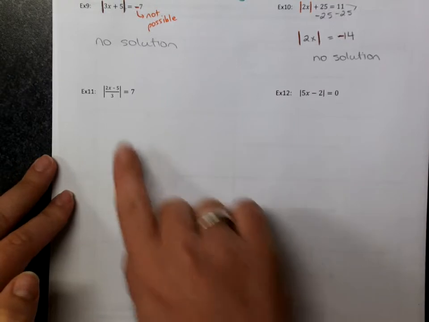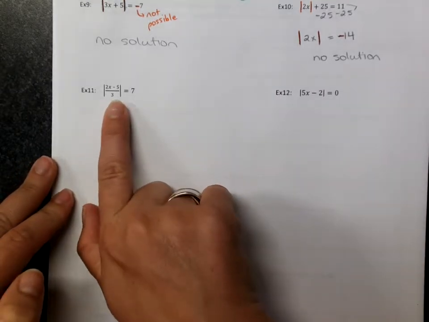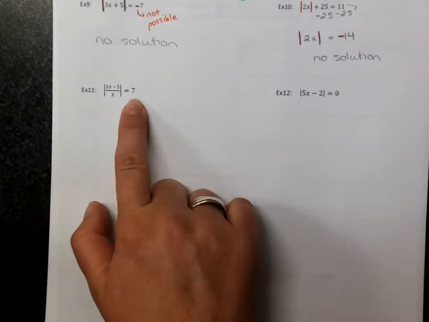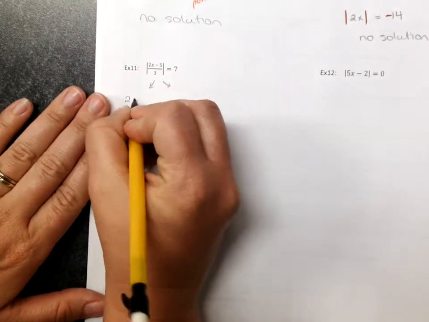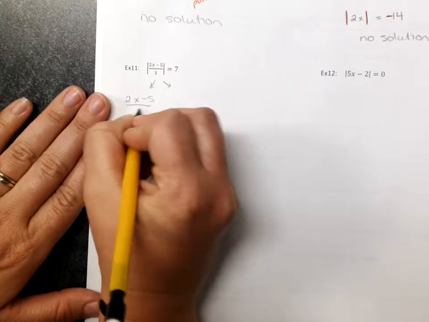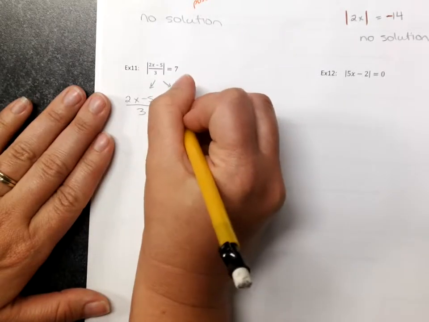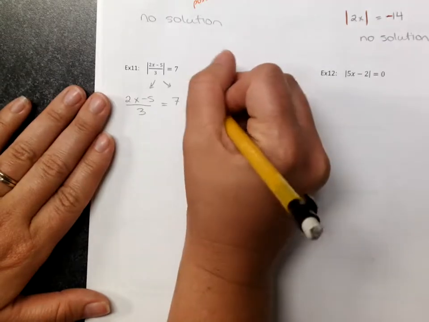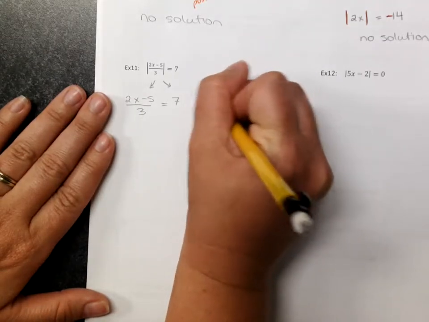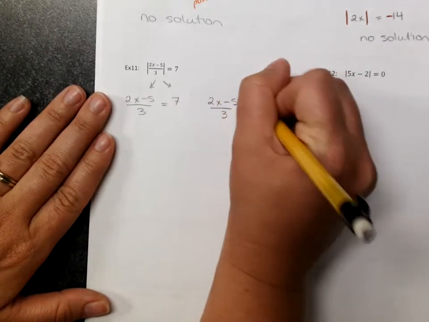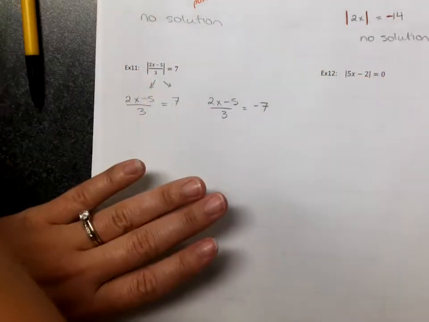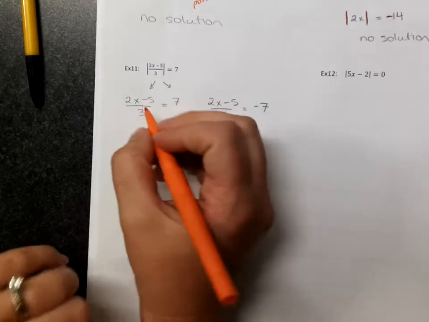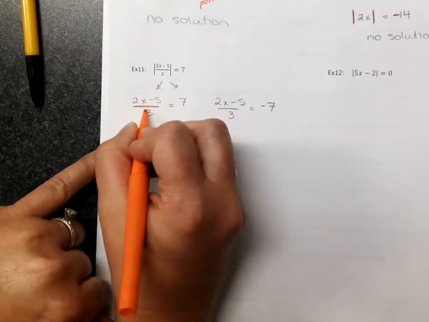Example 11, we have the absolute value of an expression equals a positive number. So that one's totally fine. Let's go ahead and solve it. We have (2x minus 5) over 3 equals 7, or (2x minus 5) over 3 equals negative 7. Again, several ways to take care of this. What I like to do is I think of this as dividing by 3.